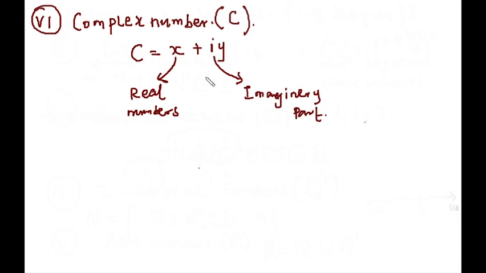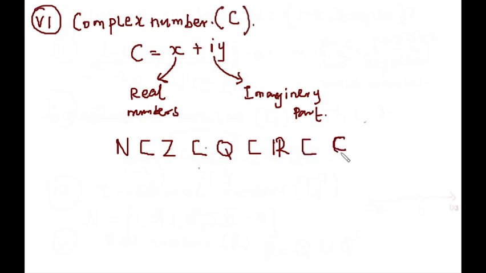Looking at the real and imaginary parts of the complex number, there's a relationship between all classes of numbers. You can express it that all natural numbers fall under integers, and then all integers fall under rational numbers, and then all rational numbers fall under real numbers, and then all real numbers fall under complex numbers.